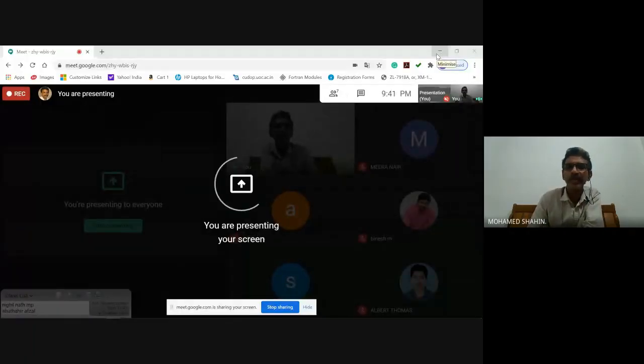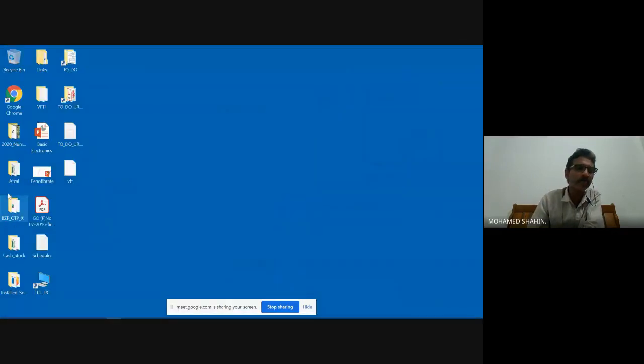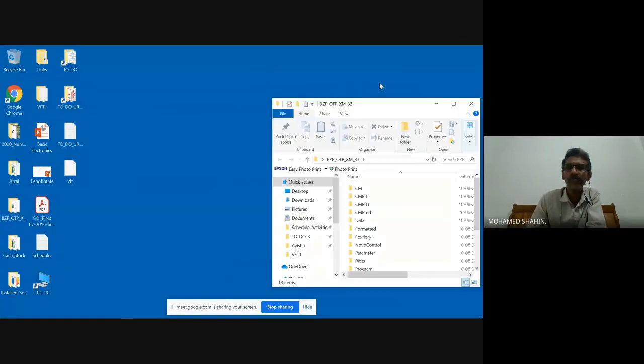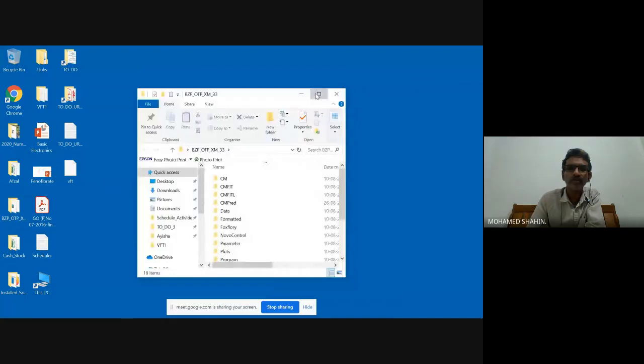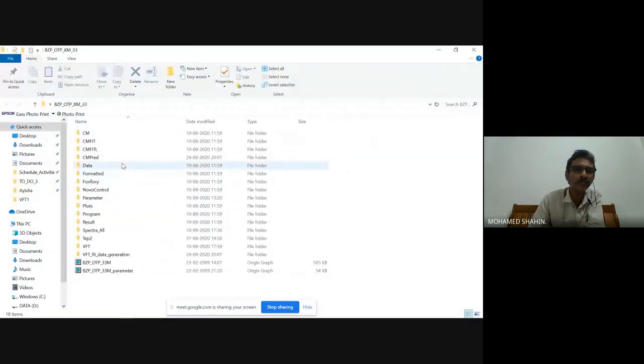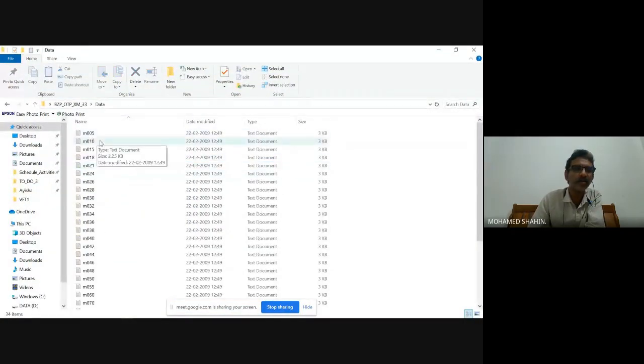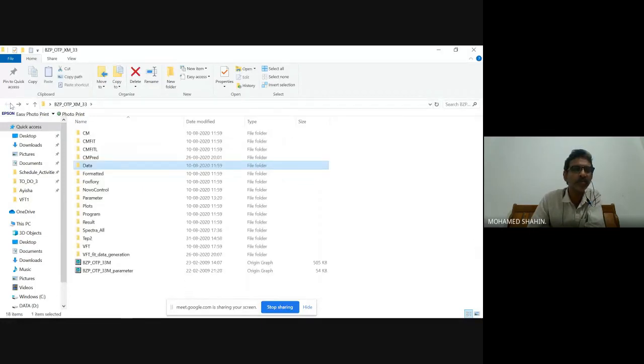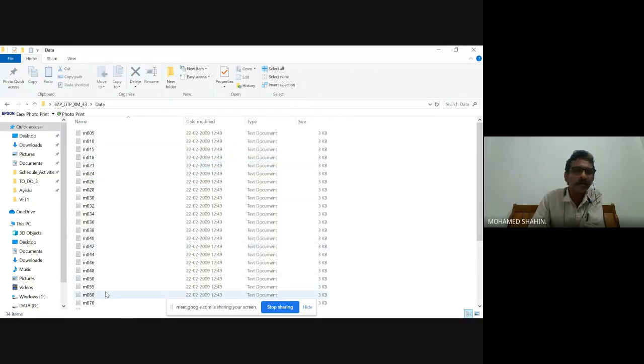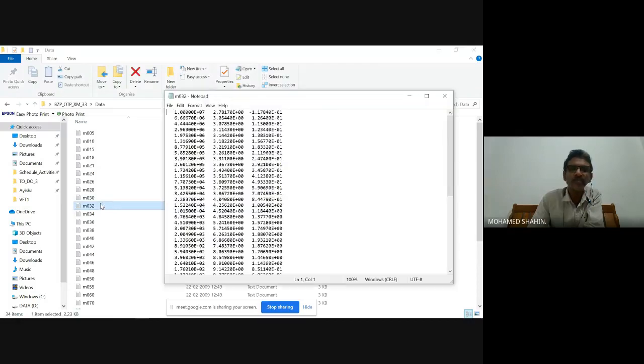So once we get an experimental data, it would be similar to this. So what we do first is we generate the data. We have already seen that once we collect all the Novo control files and run a program split.4, we will get data corresponding to each temperature, just like this.